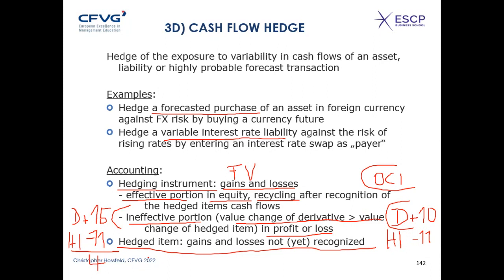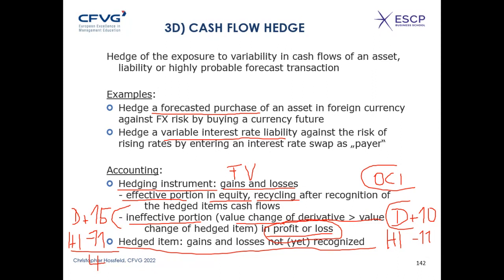And the overhedge is considered as speculation. So here we cover actually more than I need. And the overlapping part is speculation. Any speculative gains related to derivatives must go in profit and loss. So that means basically for these 4, we fall back into regular derivative accounting, even if the derivative is not part of hedge accounting. That's actually speculation. And therefore, speculative gains go in the income statement.